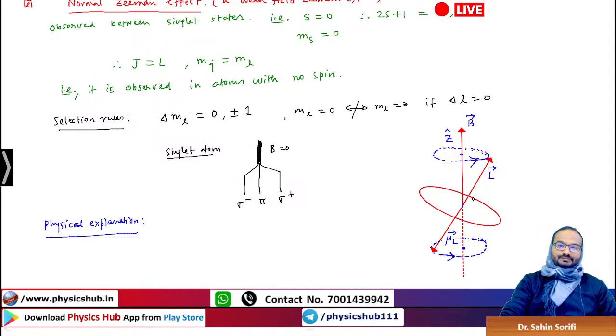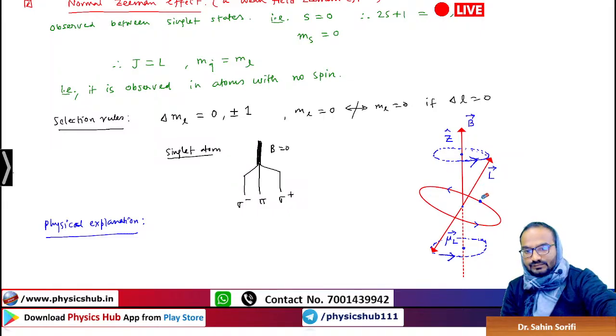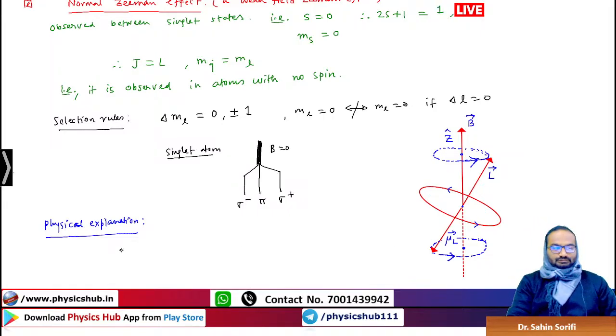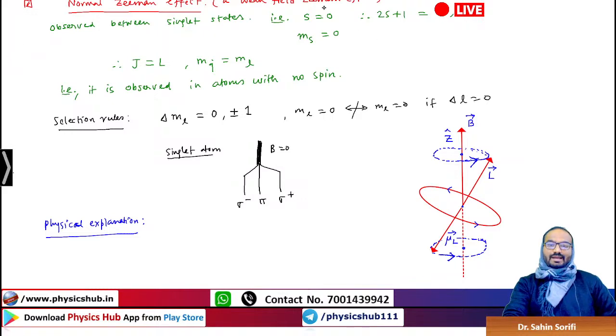In this way, and here your electron, this is the orbit of the electron. So effective S should be equal to 0.